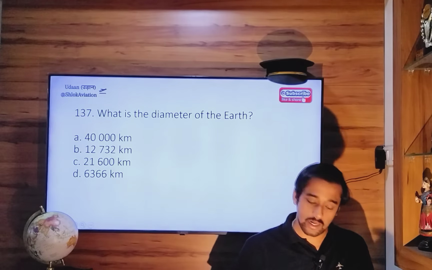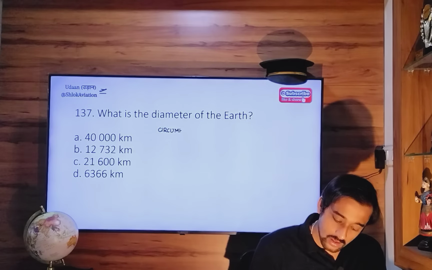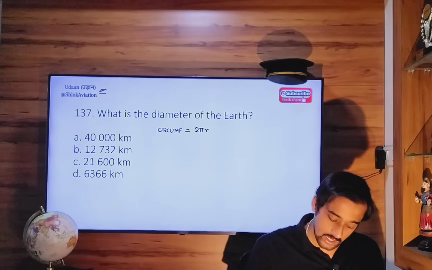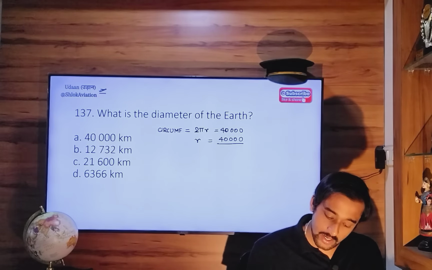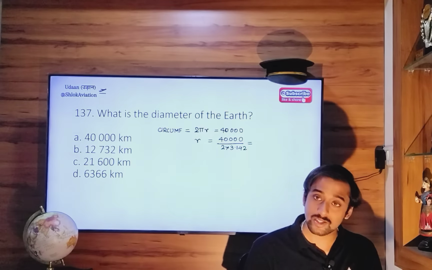137. What is the diameter of the earth? Circumference equals 2 pi r. We all know that the circumference of the earth in kilometers is 40,000. So r will be equal to 40,000 divided by 2 into 3.142. So 2 into 3.142 is 6.284.